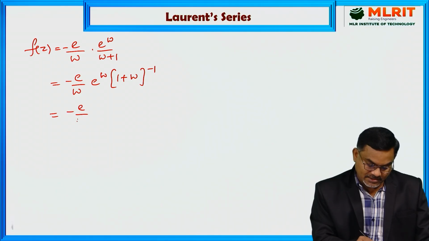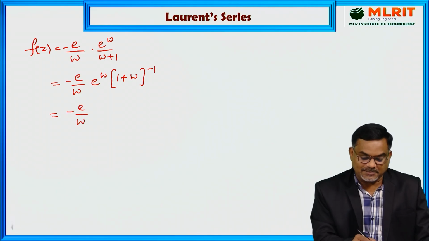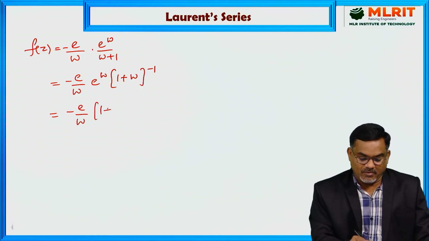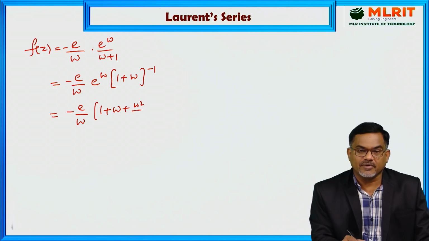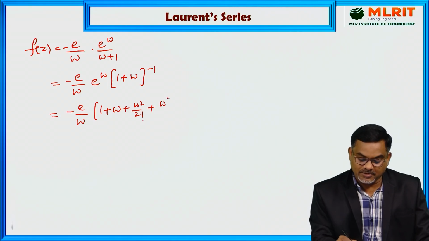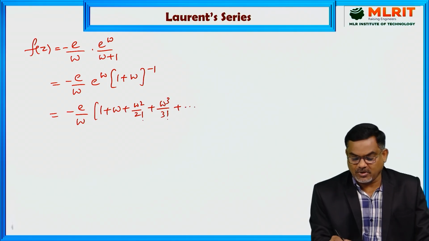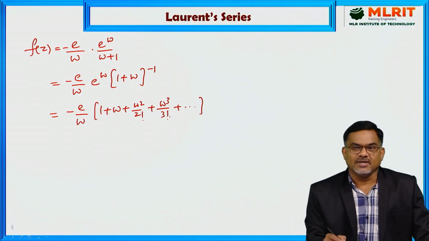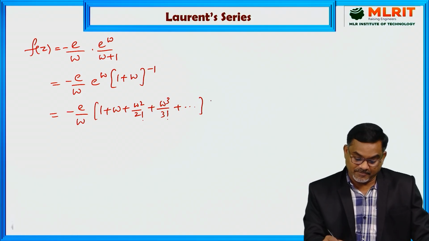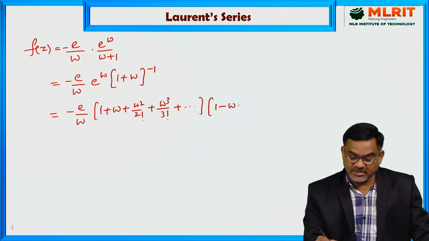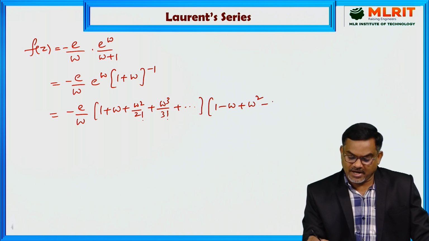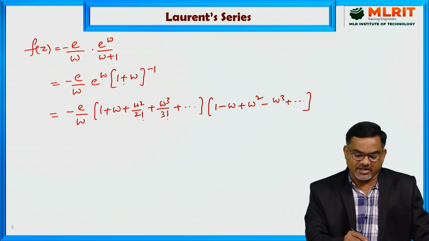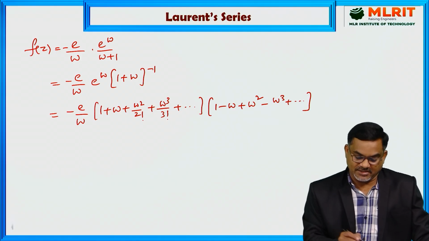So, minus e by w. What is the expansion of e power w? 1 plus w plus w square by 2 factorial plus w cube by 3 factorial and so on. This is the expansion of exponential function e power w. And here we know this expansion is 1 minus w plus w square minus w cube plus and so on. So, the sign changes alternately since here we have plus and here minus.